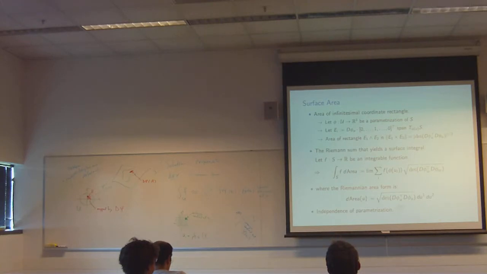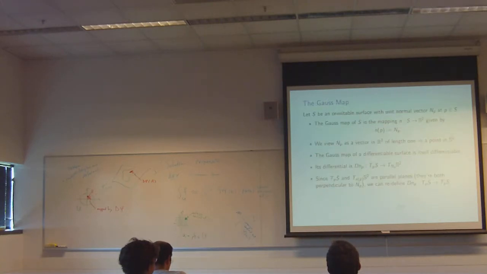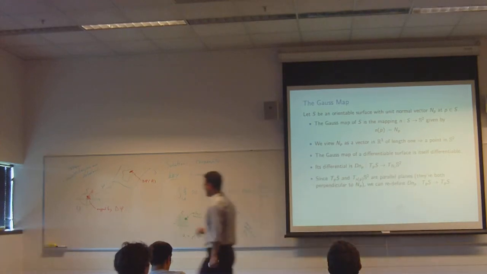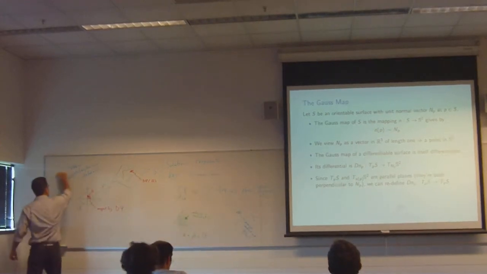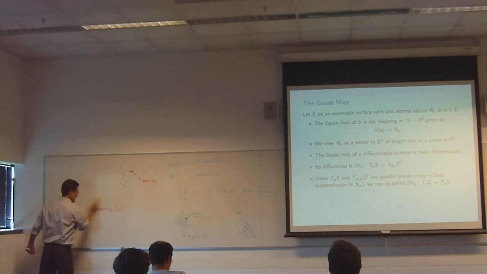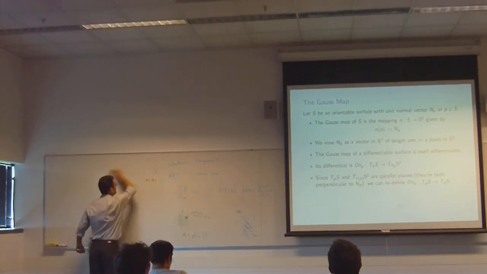Okay, so moving forward to the next. Now I can tell you, or remind you, I guess, because it is quite similar, at least at this stage, to the Gauss map from before. Let me erase for this. You guys can take a short second break.